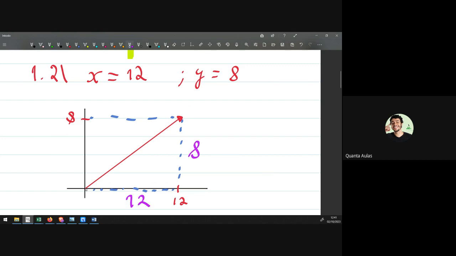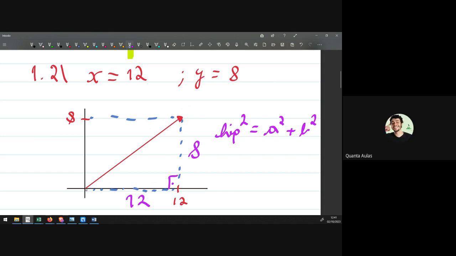So you can use the Pythagoras theorem, okay? Do you remember the Pythagoras theorem? Something like hypotenuse squared equals one side squared plus the other side squared. Do you remember this equation? Yeah.